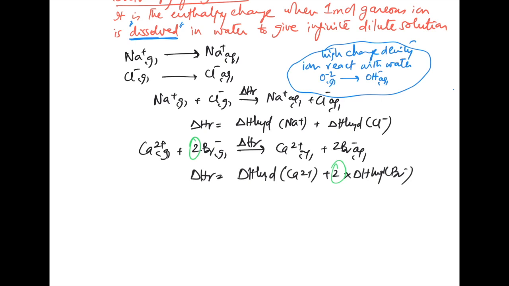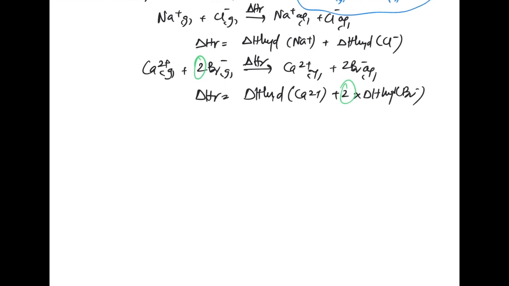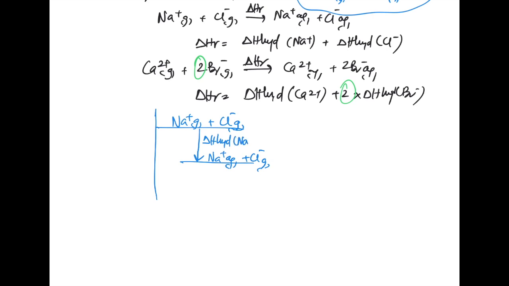Now, since you know the reaction is exothermic, I can say, let's say for example, if I have Na+ gas plus Cl- gas, right? So I can say this becomes Na+ aqueous. Let's keep Cl- gas. I think this is enthalpy of hydration of sodium ion.